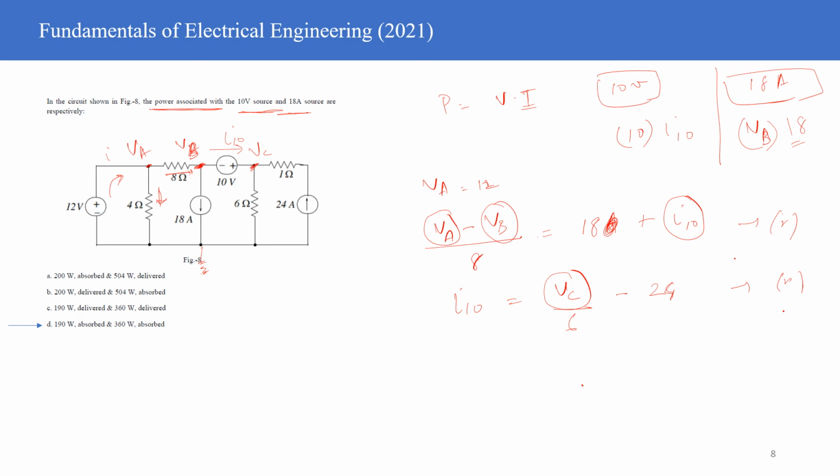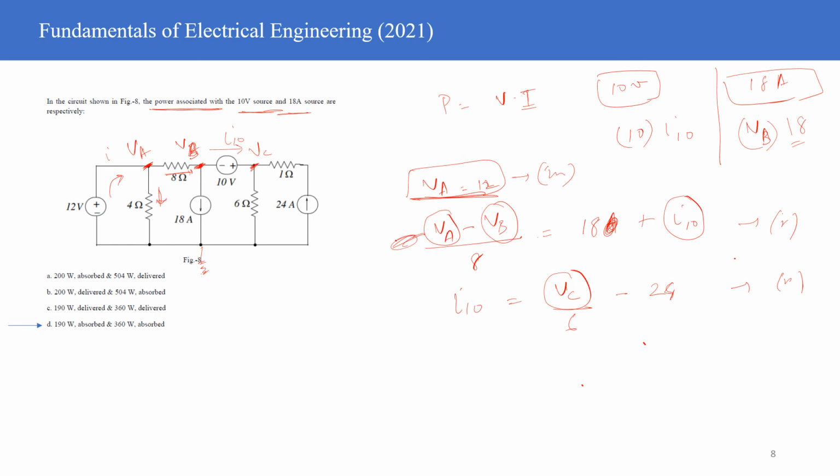Okay, if not, then I'll tell you. Here I had mentioned that this potential is fixed, that VA is 12. So one variable is gone. Not a problem there. So you are left with three variables and two equations, right?